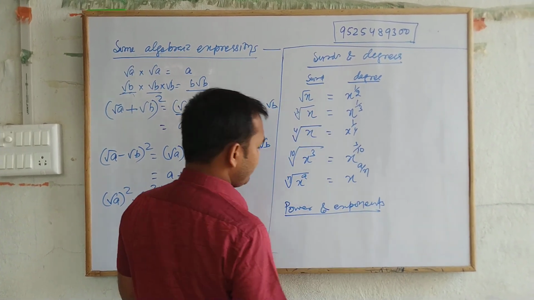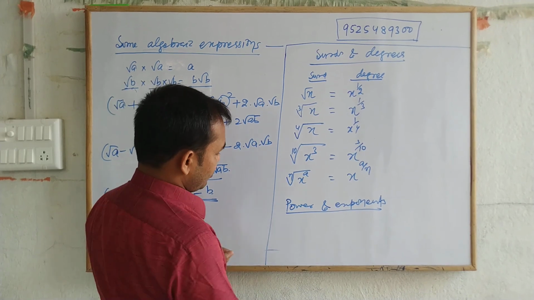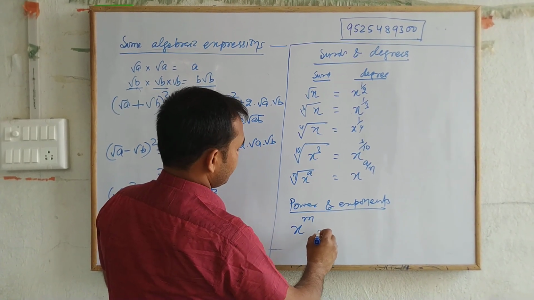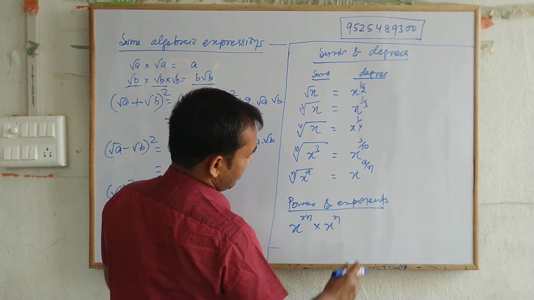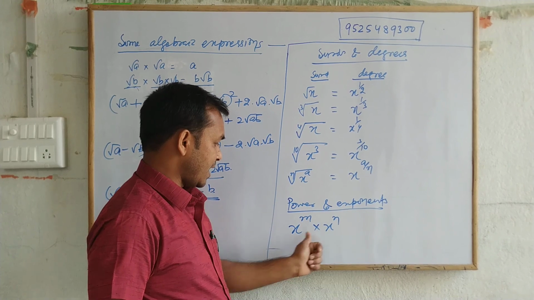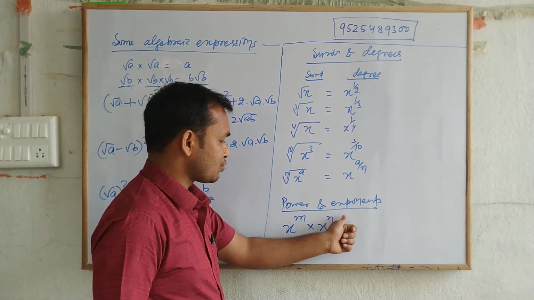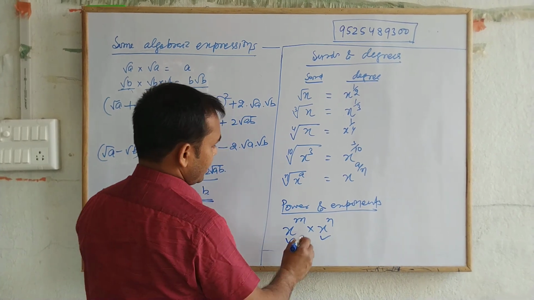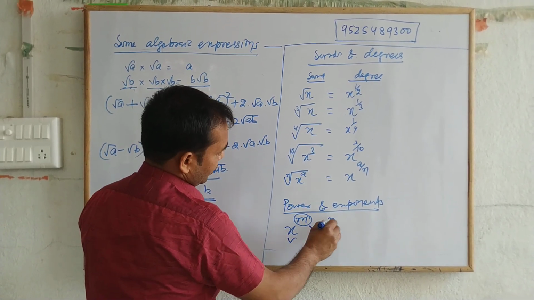In powers and exponents, suppose x to the power m into x to the power n. Here there are two terms, x to the power m and x to the power n. Here the bases are equal but the powers are not equal.